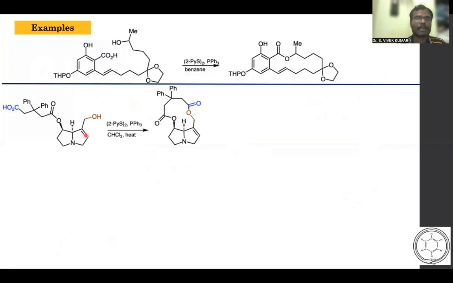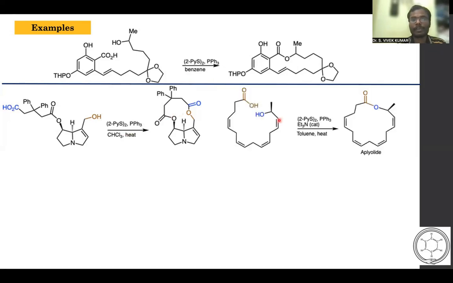This compound contains a primary alcohol as well as a carboxylic acid at the other end. When you subject it to Corey-Nicolaou conditions, it generates the corresponding macrocyclic lactone. This is one more example for the preparation of a macrocyclic lactone using Corey-Nicolaou reaction conditions.